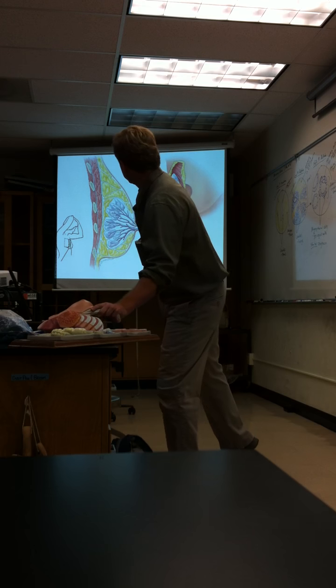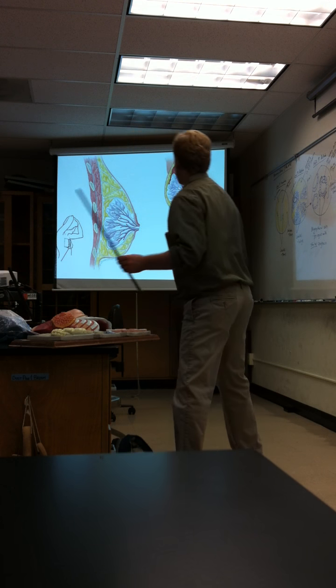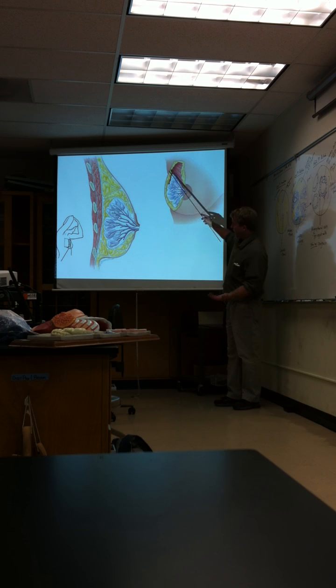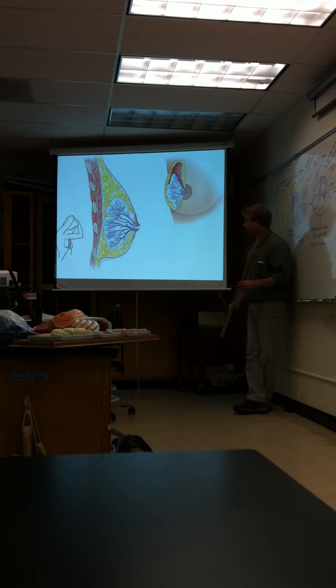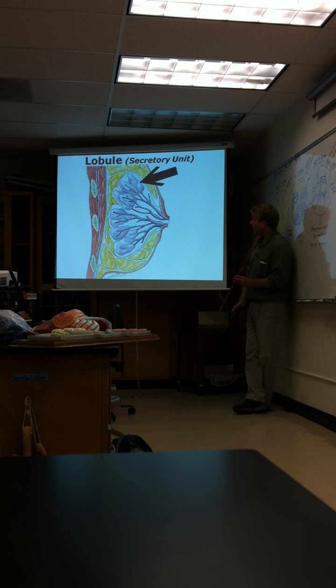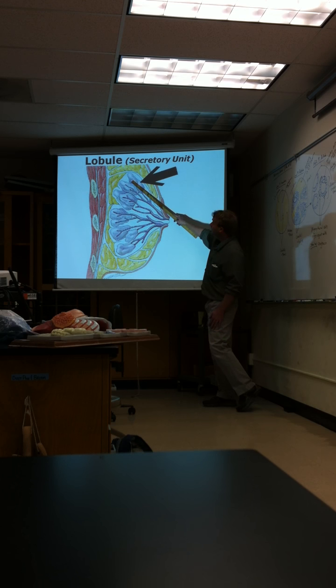This is the book's picture, and the reason I'm showing it is that it's pretty good, showing the breast and the mammary gland. We'll get to our model in a little bit. In the book's picture, we can see a little higher power of the lobules. The lobules are the milk-secreting part of the mammary gland.